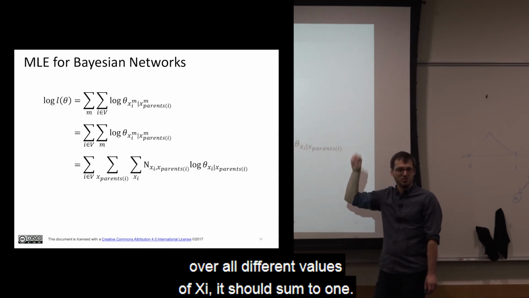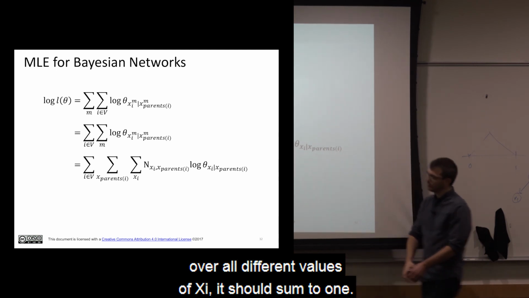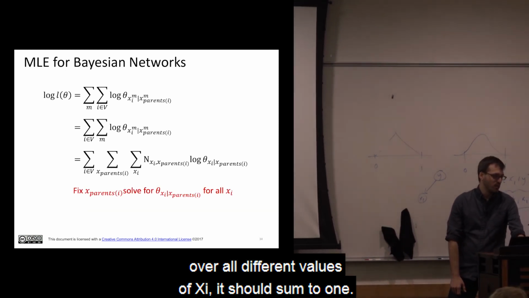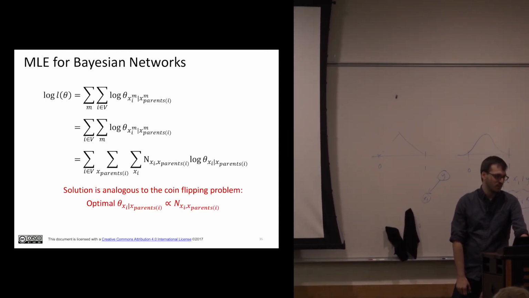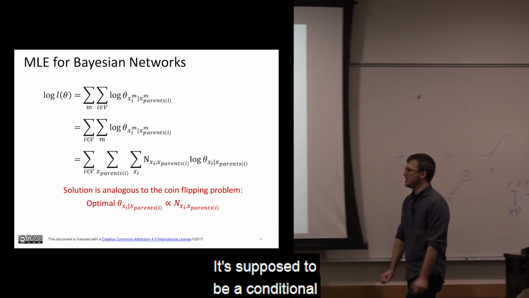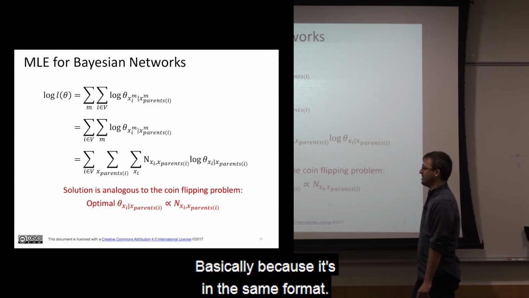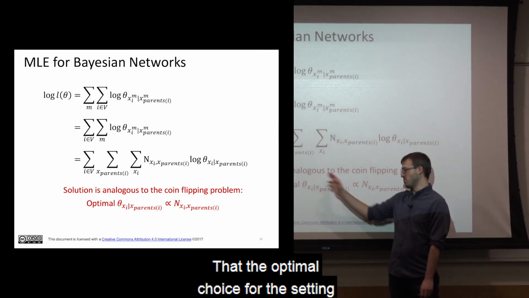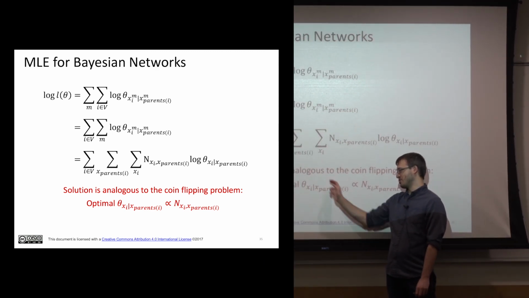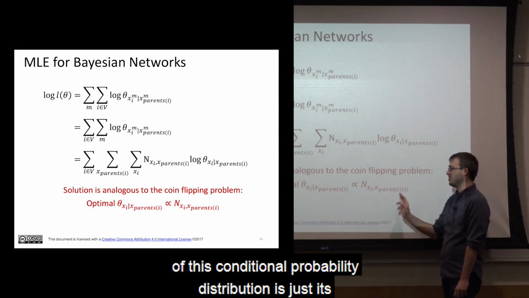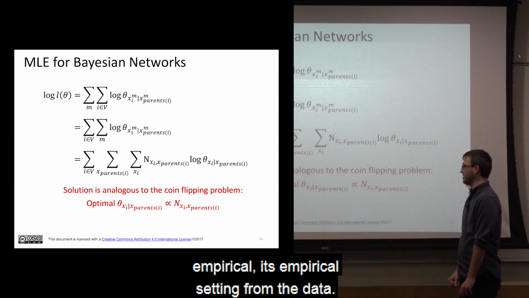It's supposed to be a conditional probability distribution. So still, taking derivatives and solving, we find exactly the same result as before, basically because it's in the same format, that the optimal choice for the setting of this conditional probability distribution is just its empirical setting from the data.